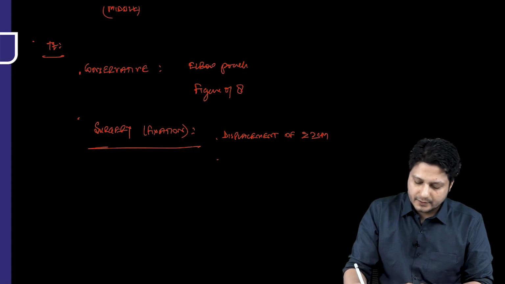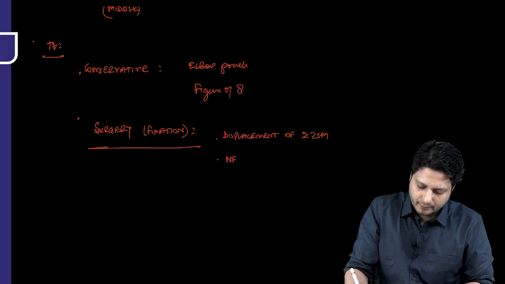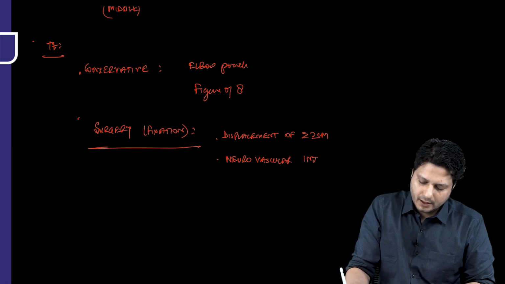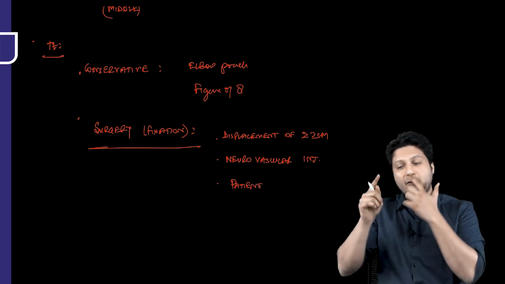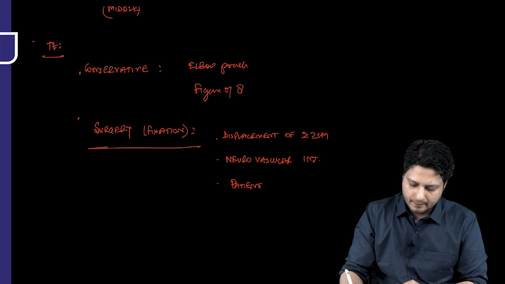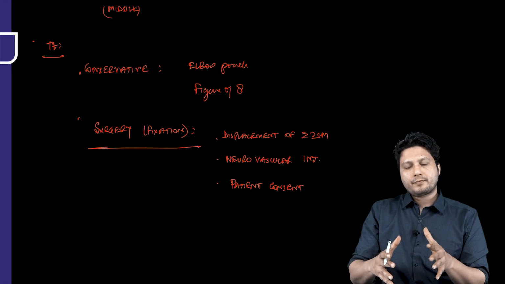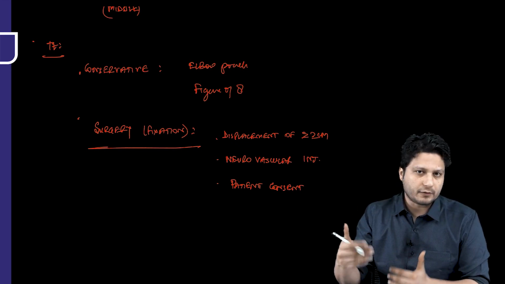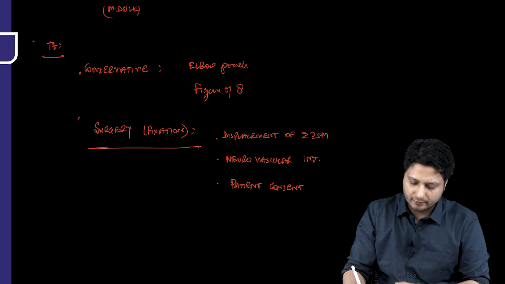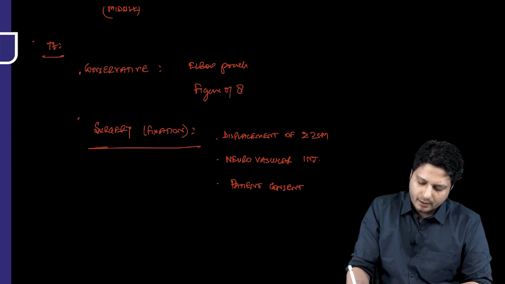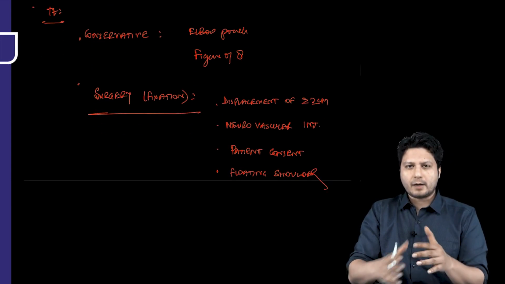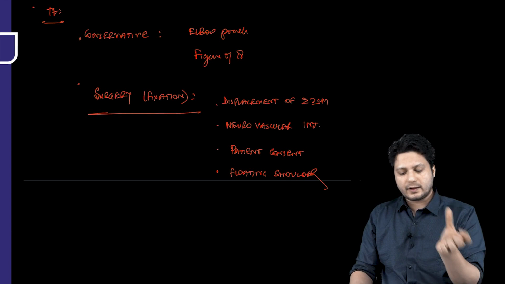Point number 2 is if there is a neurovascular injury. Point number 3, based on the patient's consent, if the patient wants to get it fixed by surgical means. All right, so these are considered the relative indications for fractures of the clavicle, and also if it is associated with a floating shoulder. Floating shoulder means there are associated fractures of the scapula also. All right, we will discuss what the floating shoulder is. So these are the relative indications.